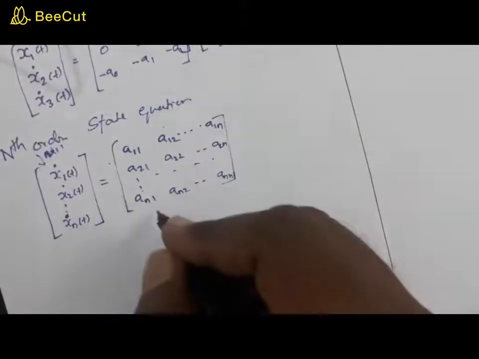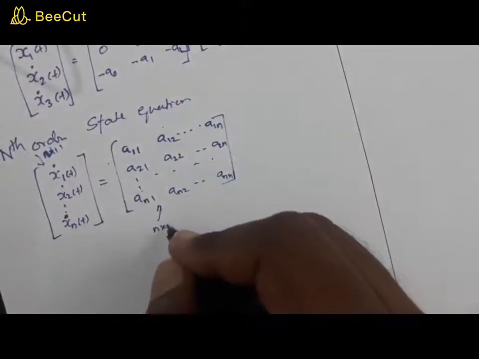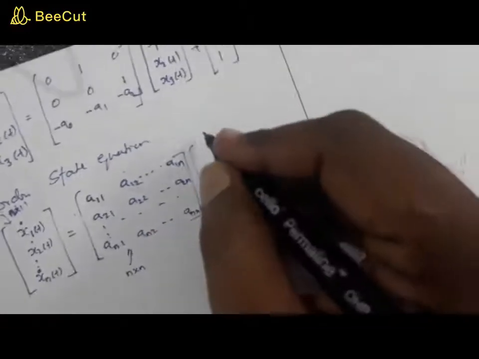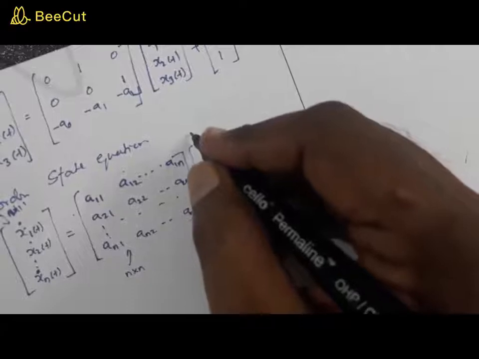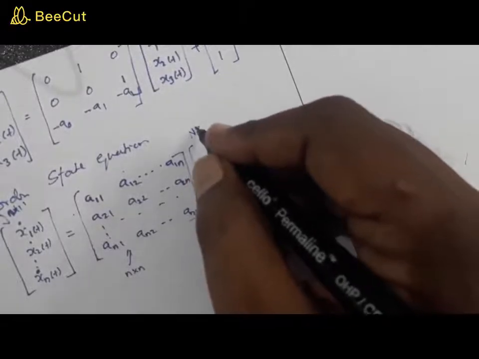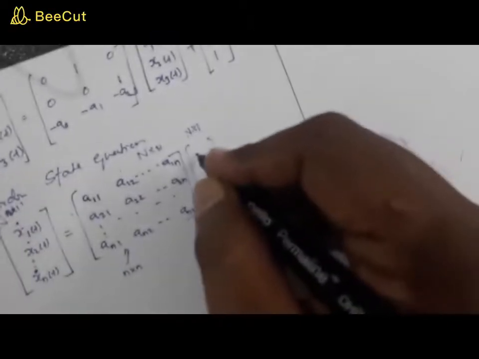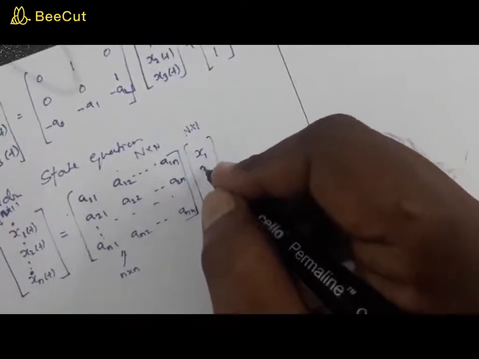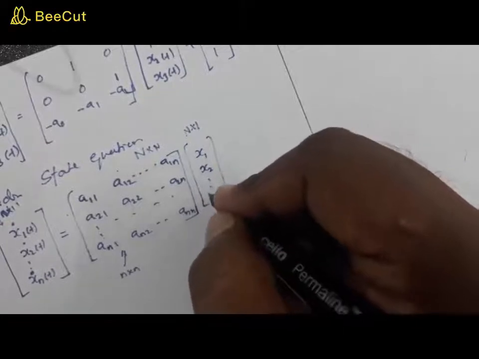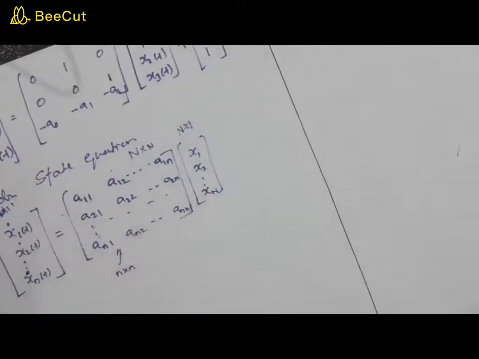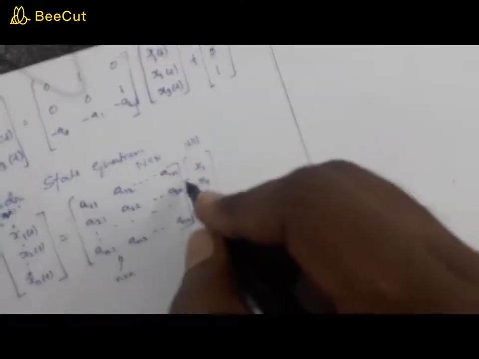So that means this is an n by n matrix. Now an n by n matrix into a column matrix again with n rows, n into 1. x1, x2 up to xn are the state variables, or this is the state variable matrix, and just see whether this is the product.